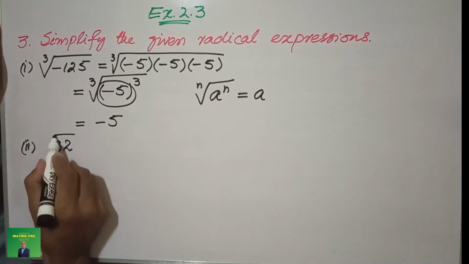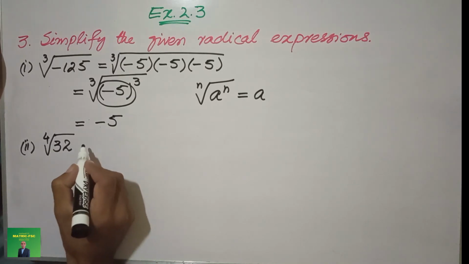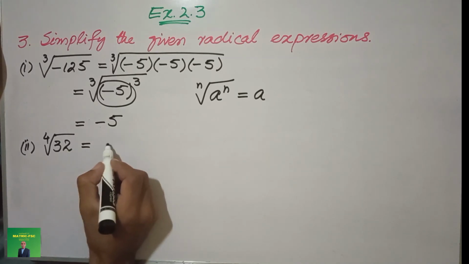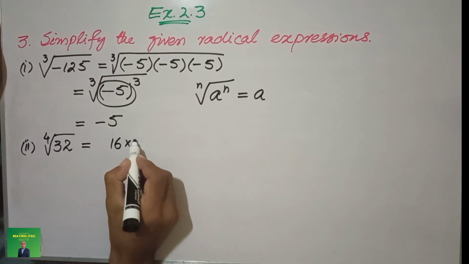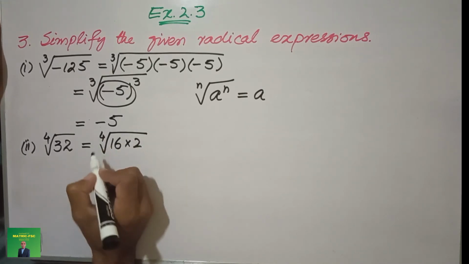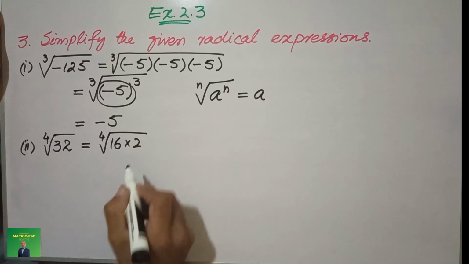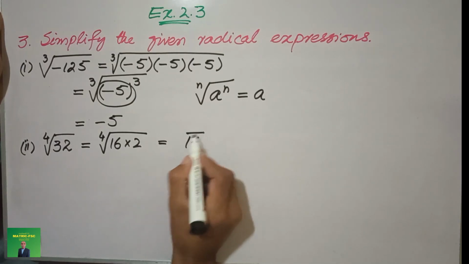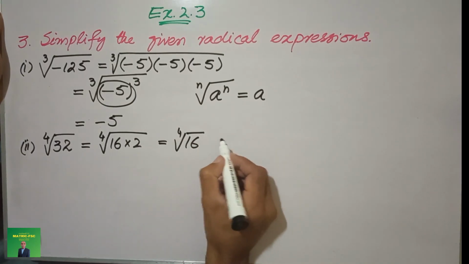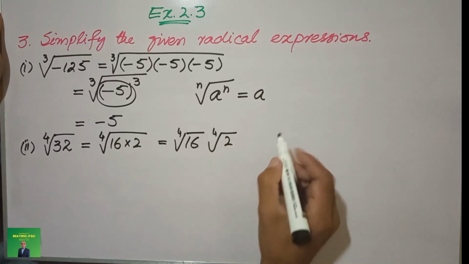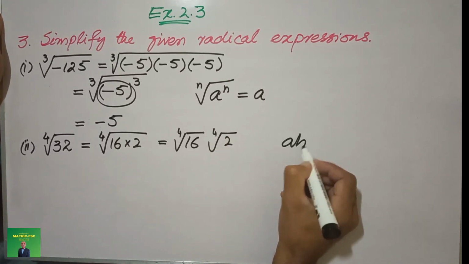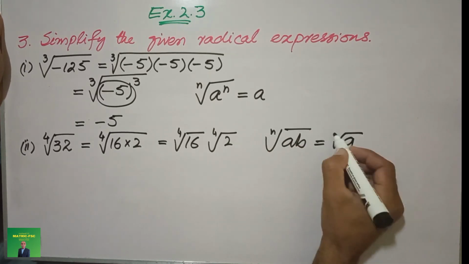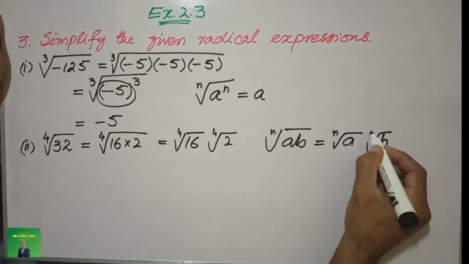Next we consider the second part, which is the fourth root of 32. Again we can write 32 as 16 into 2 under the fourth root. This can be written as the fourth root of 16 into the fourth root of 2 by using the property of the nth root of the product ab, which is the nth root of a into the nth root of b.